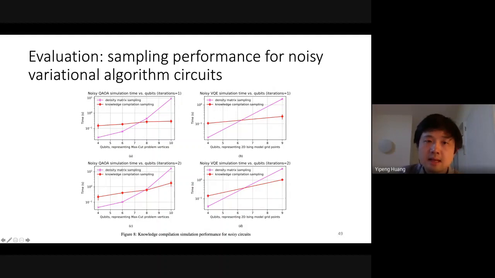As you see, as we increase the problem size, after a certain point, the approach of doing this costly compilation upfront, but then performing queries efficiently on that compiled outcome, is going to beat out the naive approach of just multiplying the density matrices. And we see that this is consistent across both of the workloads.